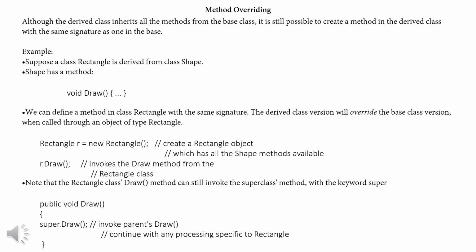So here you see Rectangle r equals new Rectangle, right? We are creating one object. Then r.draw, here we are calling this method. Here the method inside the class rectangle is invoked, right?